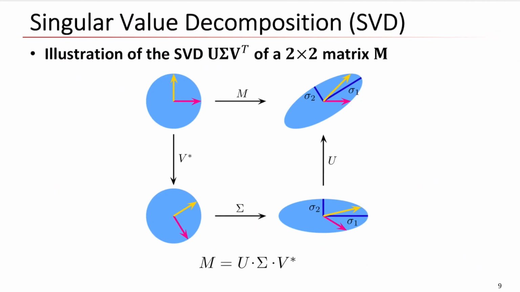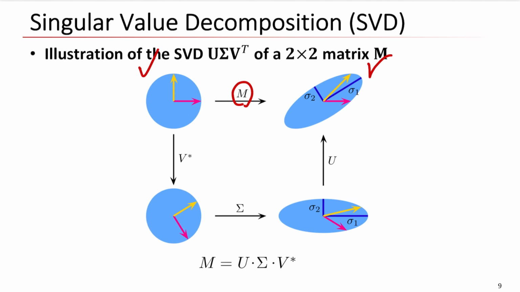What is the meaning of the singular value decomposition? Let's say we have the original data distribution here, and we want to apply a linear transformation, call the matrix M, and get a new distribution like this.